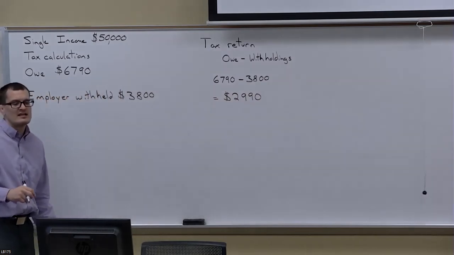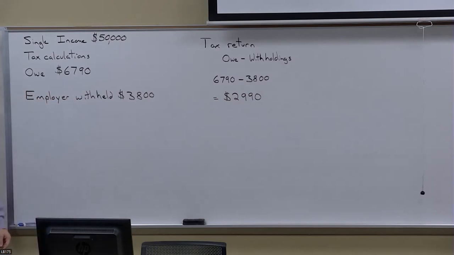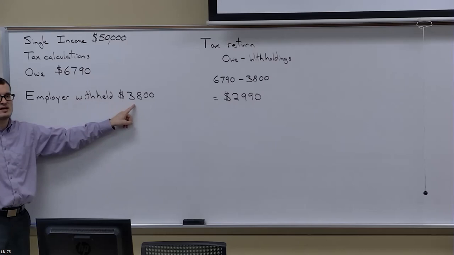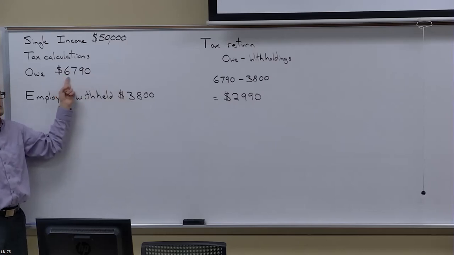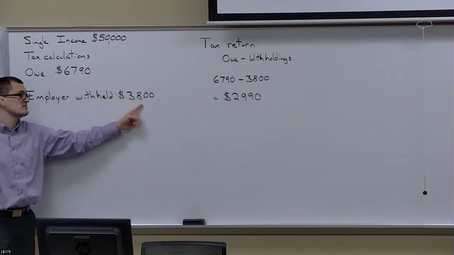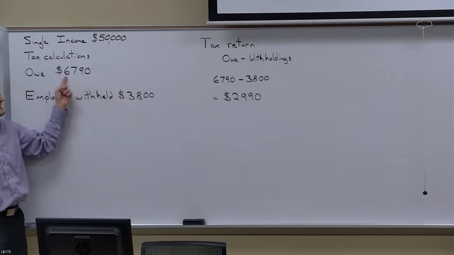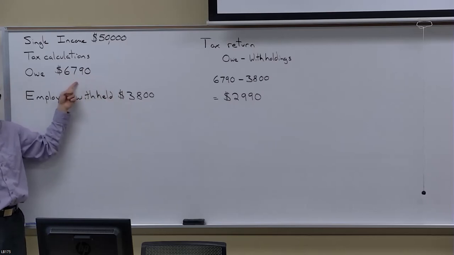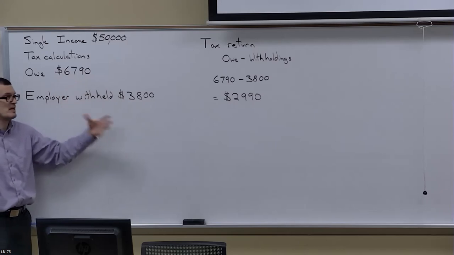Now, is that $2,990 how much the government owes me, or how much extra I have to pay towards the government? Well, withholding is basically how much I already paid. So if I owe this much and I've only paid this much so far, that means I need to put in extra. Withholding is less than how much I owe, so I have to pay extra.